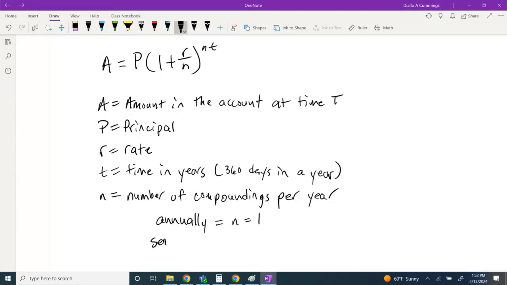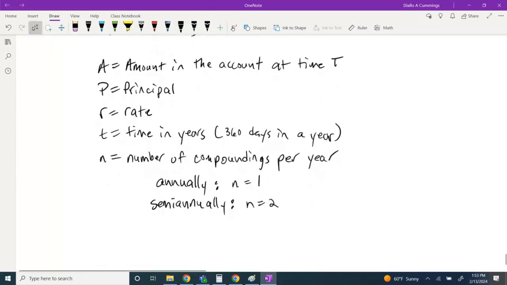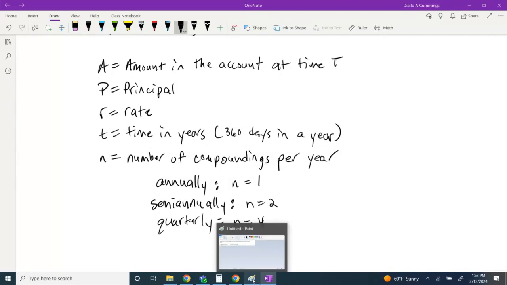If it's semi-annually, N is equal to 2. Let me just change these. If it's quarterly, N is equal to 4.